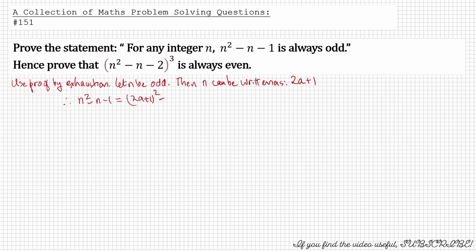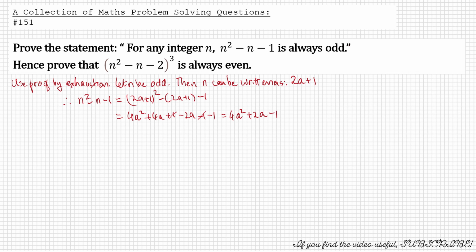So 2a plus 1 whole square minus 2a plus 1 minus 1, and that equals 4a square plus 4a plus 1 minus 2a minus 1 minus 1, and that equals 4a square plus 2a, and the plus 1 and minus 1 go away.